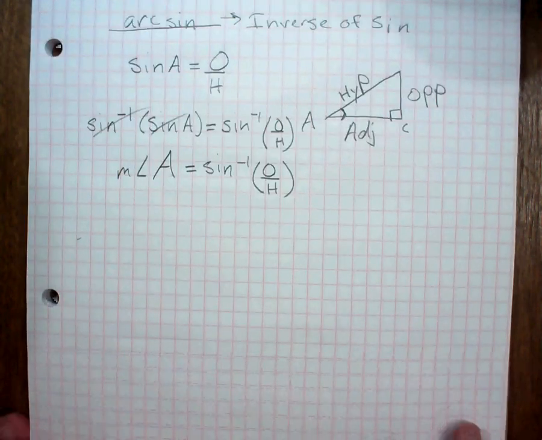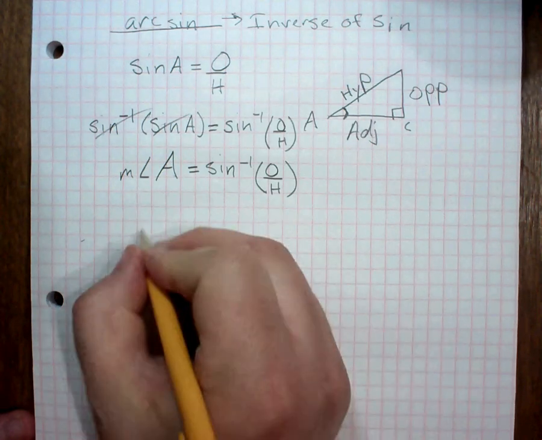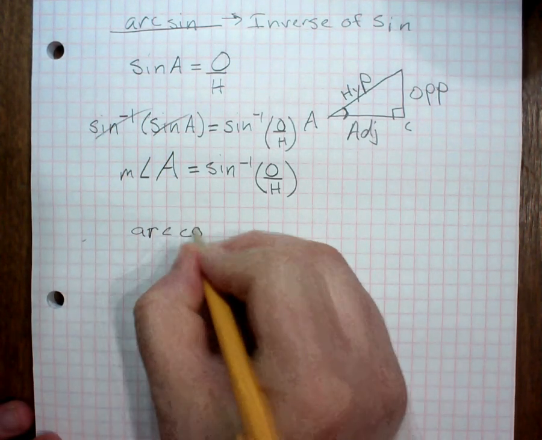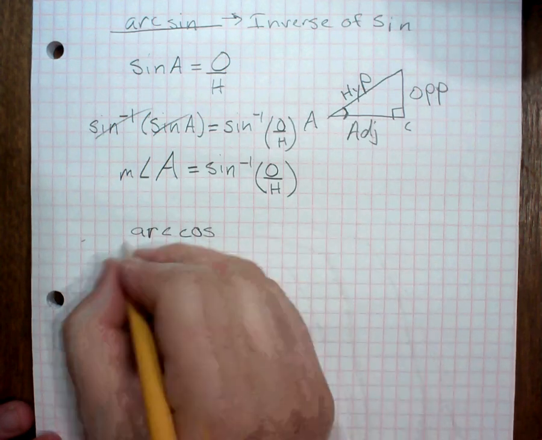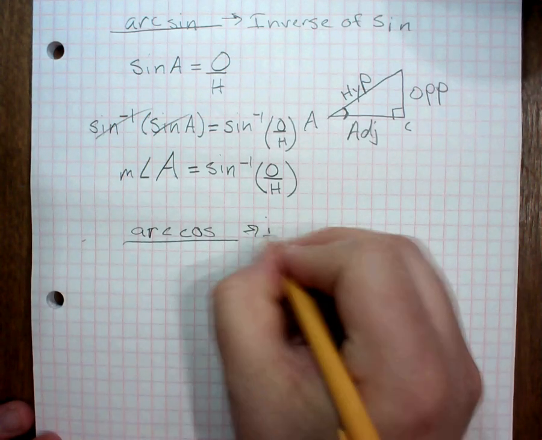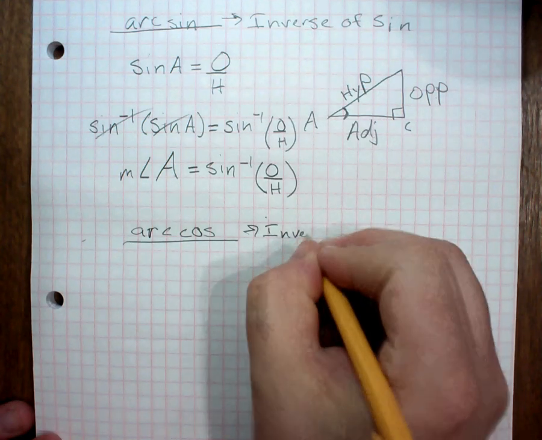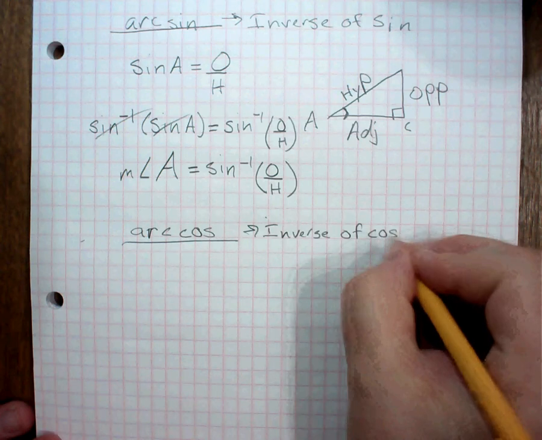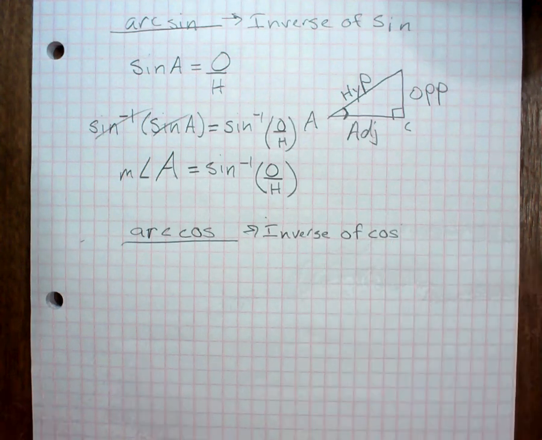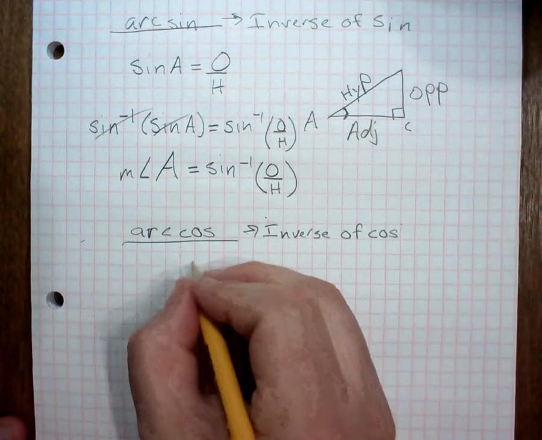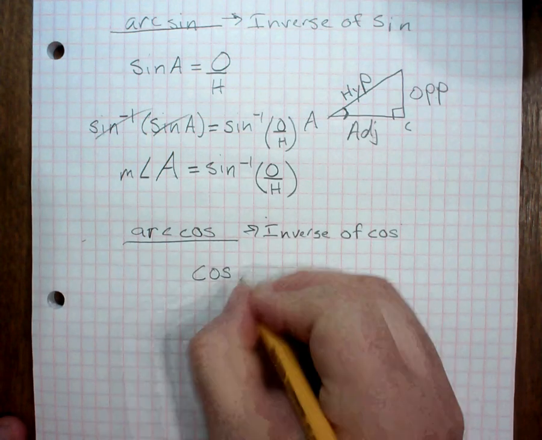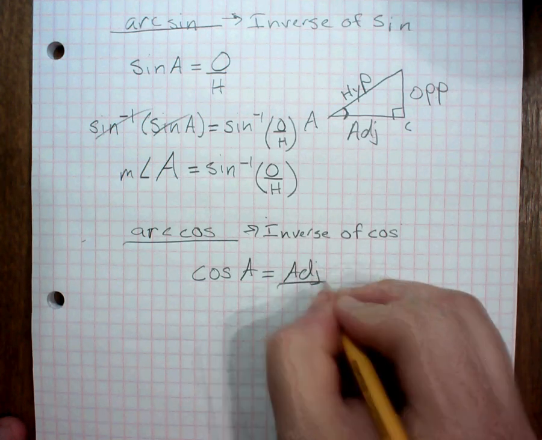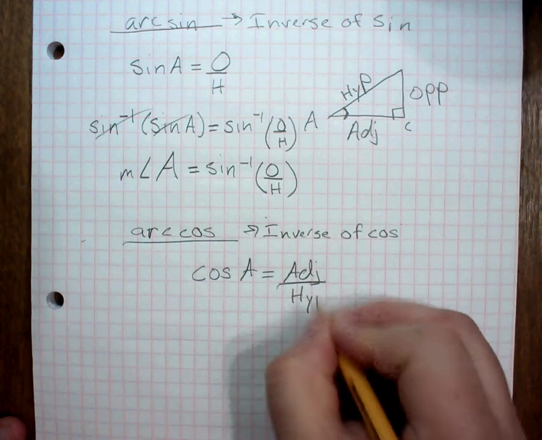So now let's do arc cosine. That's going to be the inverse of cosine. It's the exact same thing. Cosine of A is equal to the adjacent over the hypotenuse.